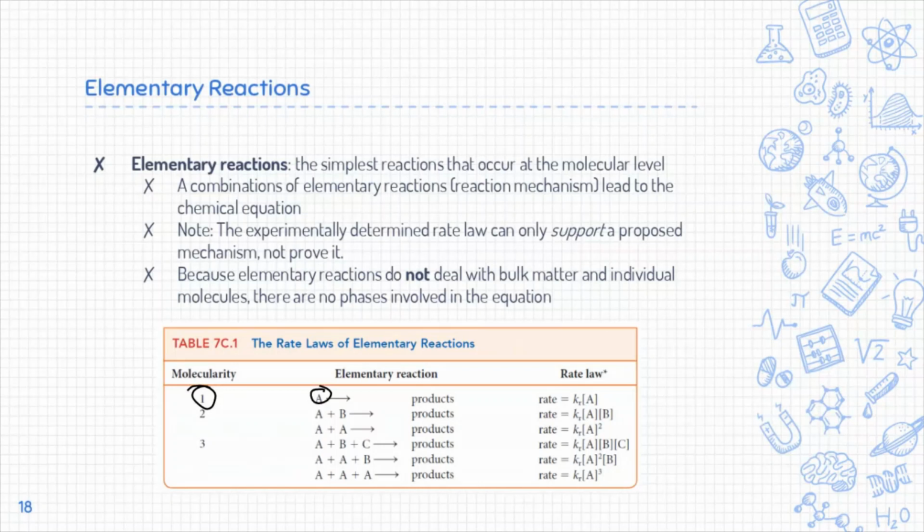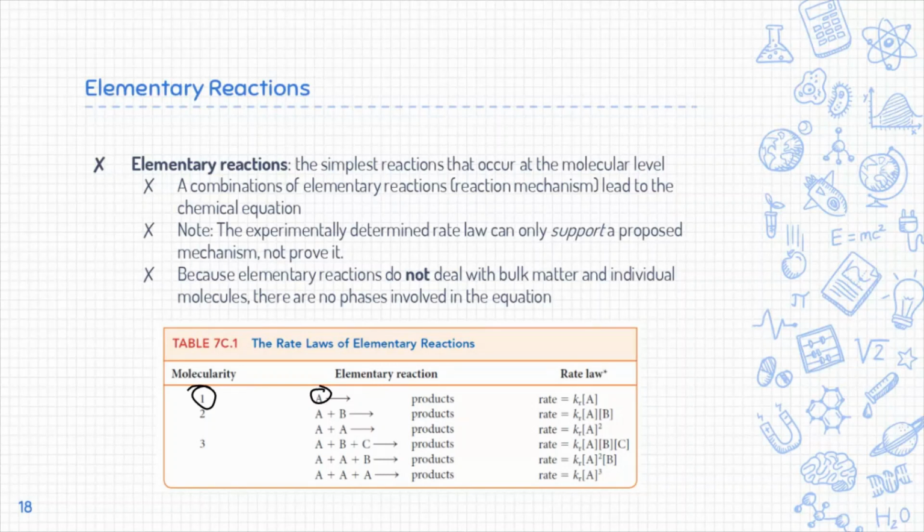This is a common decomposition, or you'll see it commonly in a reverse reaction where products are decomposing to reactants. I don't think for AP Chemistry you really need to consider that, but I'll mention it again next week if you decide to come.